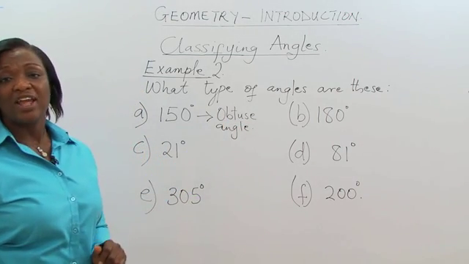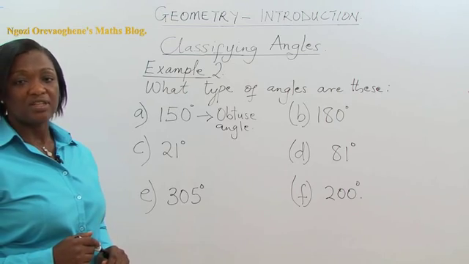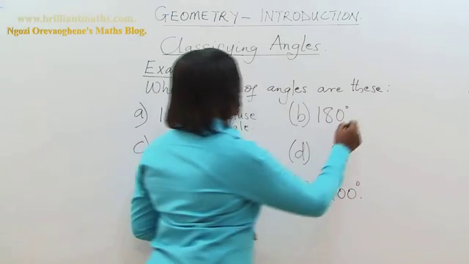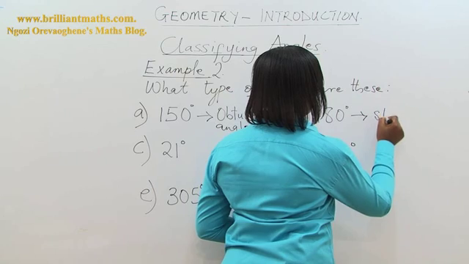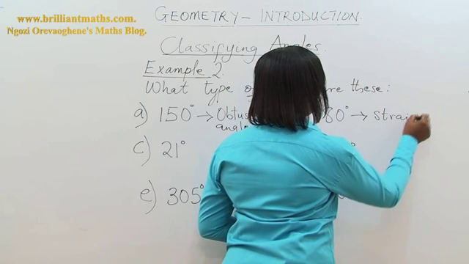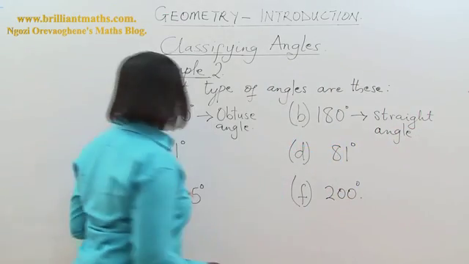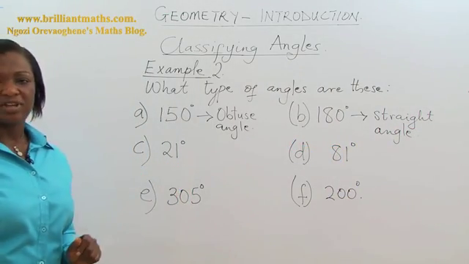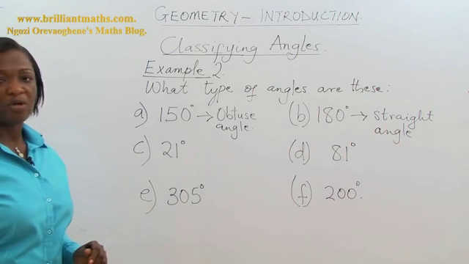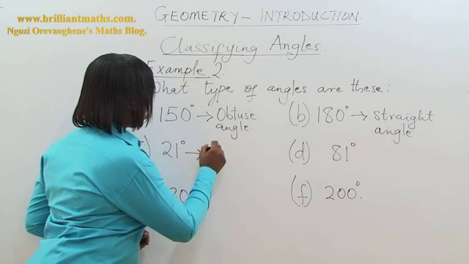An angle of 180 degrees is a straight angle. An angle of 21 degrees, that's obviously very small. So it's an acute angle.